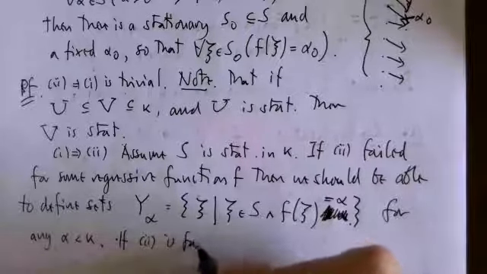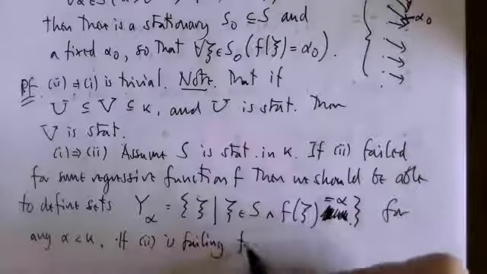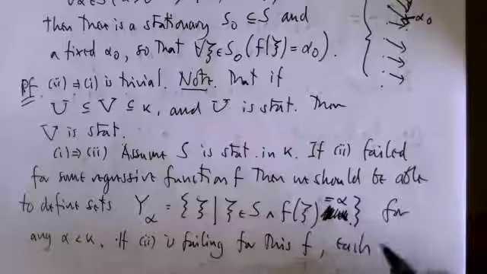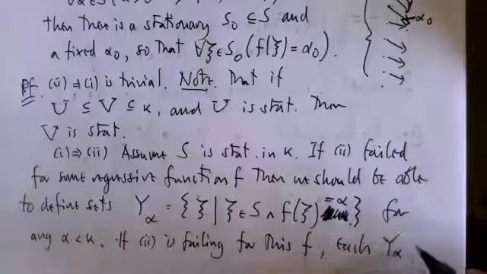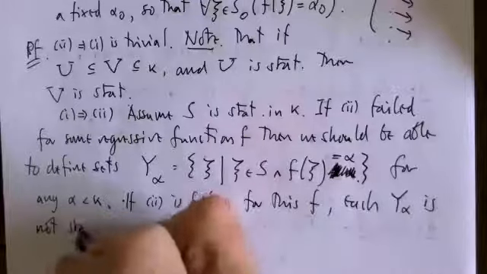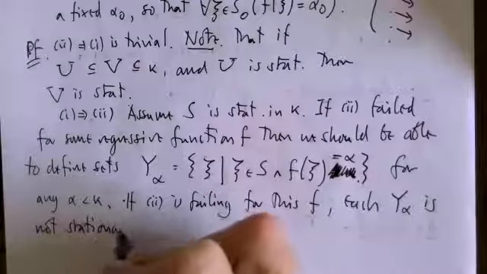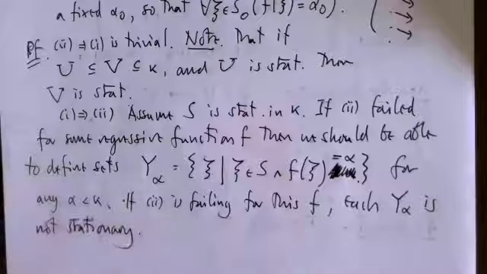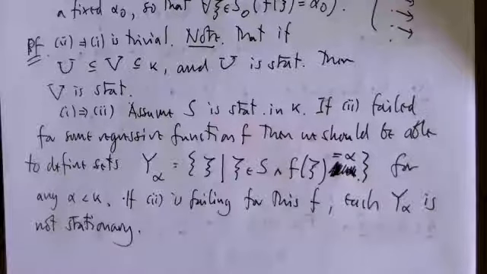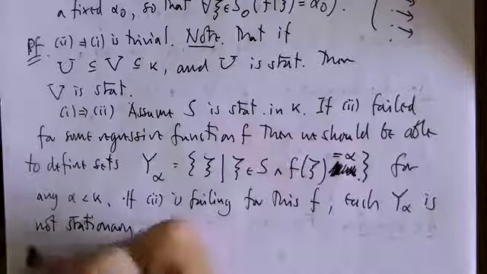So if 2 is failing for this f, each of these Y alphas is not stationary. But what is it to be not stationary? Well, it means there's a CUB set which you don't intersect.